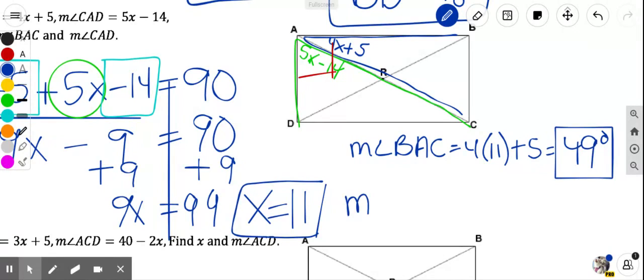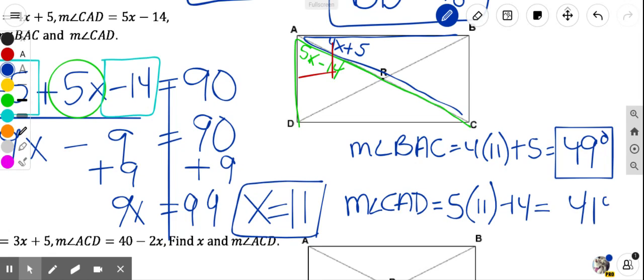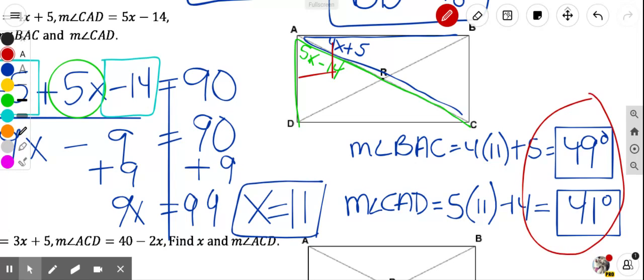Then for CAD, we have 5 times 11 minus 14. 5 times 11 is 55, minus 14 is 41. Notice that our answers, 49 and 41, add to 90, right? And they should, because that's what we set up.